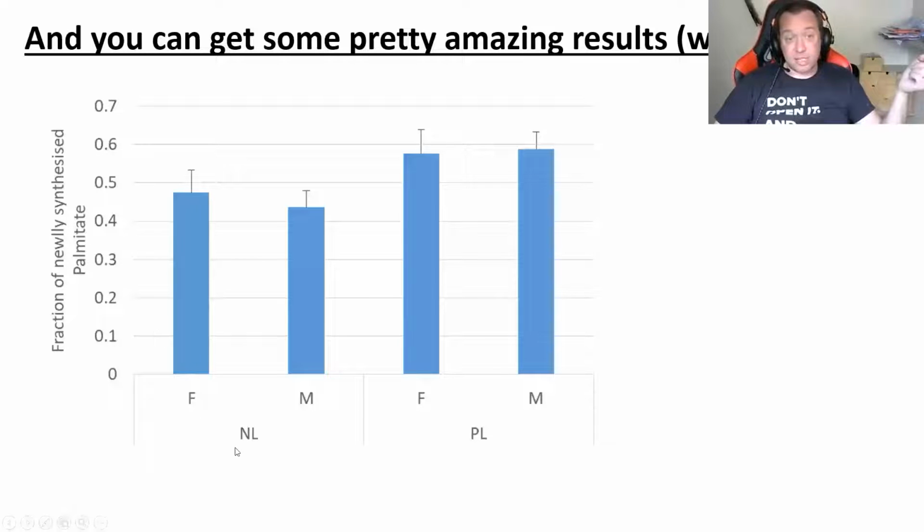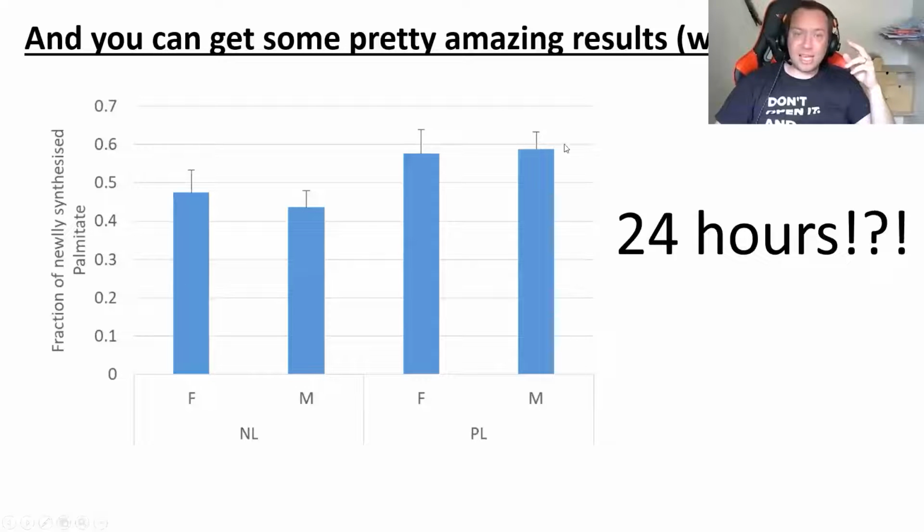In the neutral lipid fraction, so things like triglycerides and cholesterol ester, in female and male mice, on a chow diet, so it's got 20% fat in it, about 45% of all the palmitate was newly synthesized each day. This is 24 hours. In the phospholipid fraction, that rises to around 57, 58%.